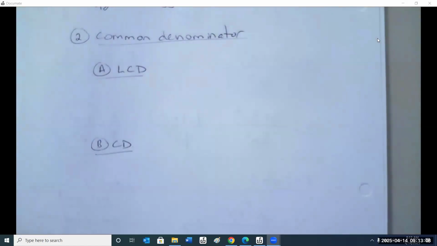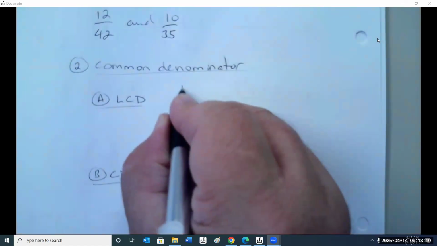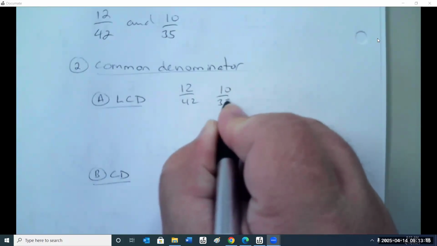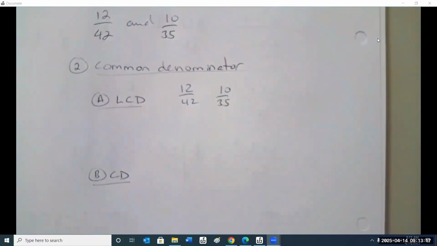So what is the LCD of these 2 numbers? Remember how we found the LCD?